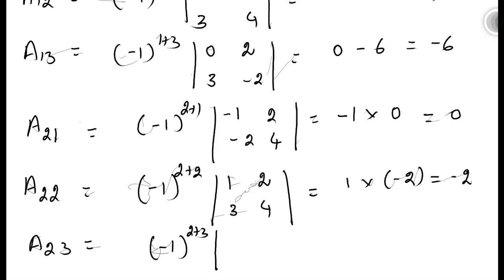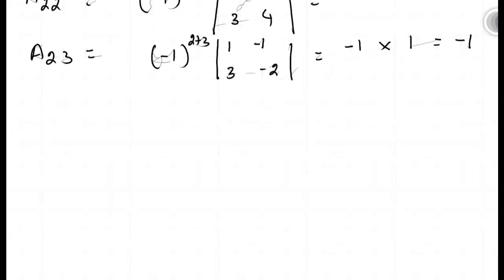Leaving the second row and the third column, you will have 1, minus 1, 3 and minus 2, which is equal to minus 1 into minus 2 minus of minus 3 will give you 1, which is equal to minus 1. So A23 is minus 1.